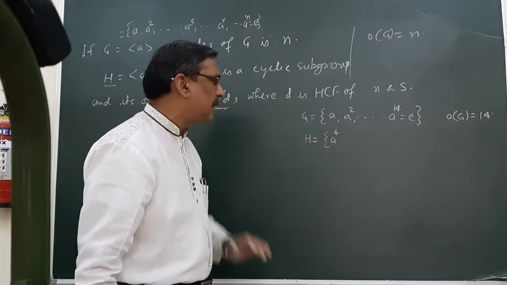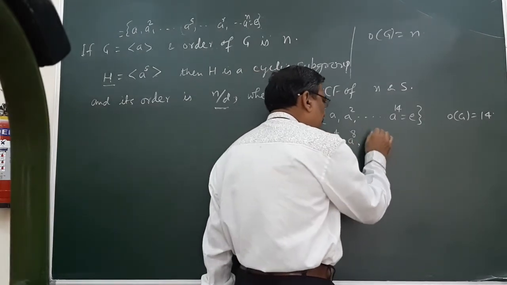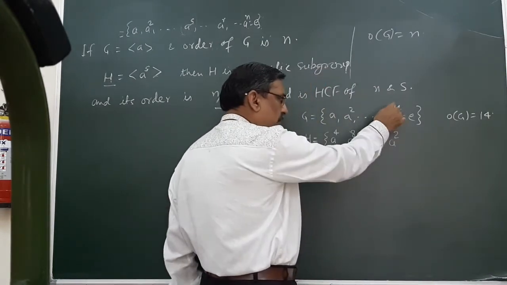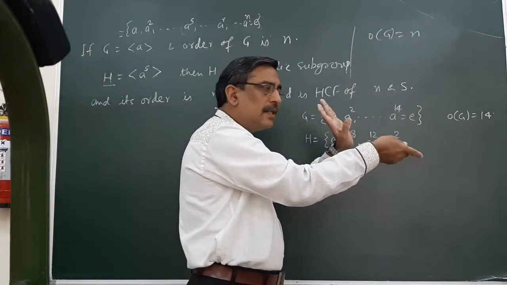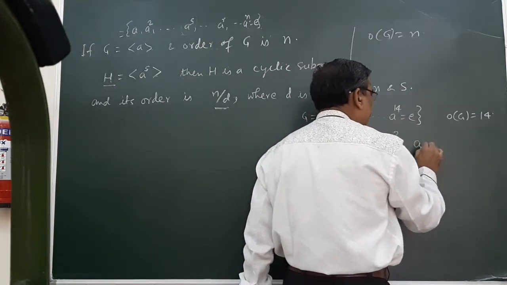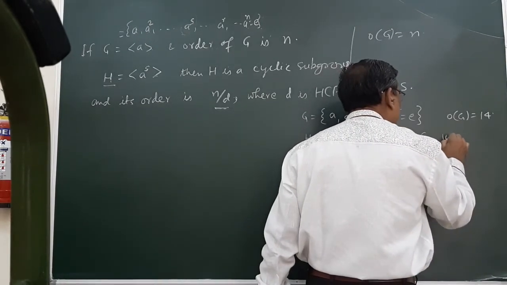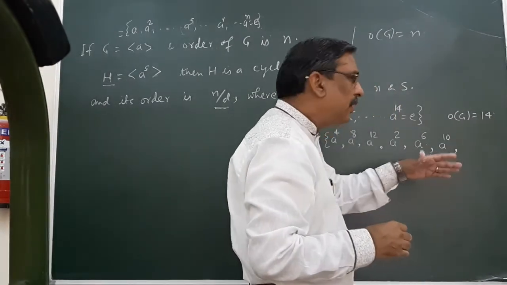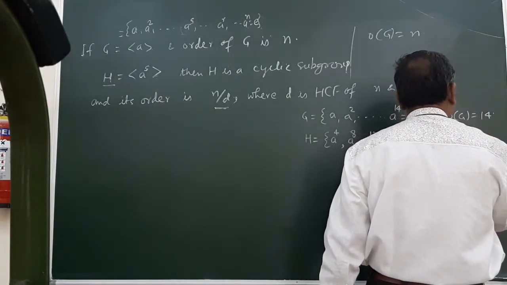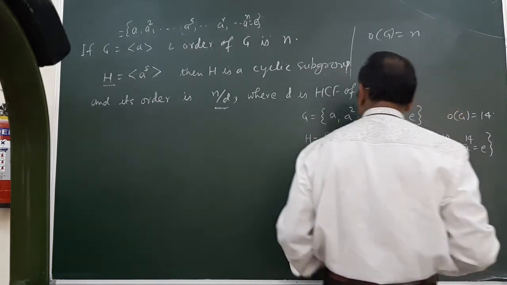So its elements are A^4, A^8, A^12, A^16 which is A square, since A^14 is equal to identity and the power 2 remains. Then A^20 is A raised to the power 6, A^24 is A raised to the power 10, and A^28 is identity.